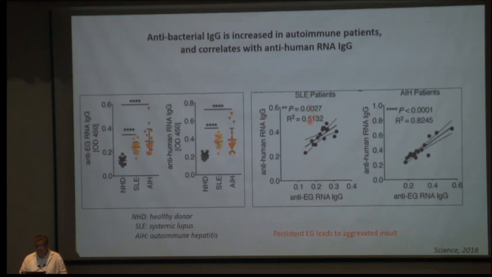Of course, R square was 0.51, but in autoimmune hepatitis patients, R square was 0.8 and was much more significant when the anti-RNA IgG was compared with the amount of RNA, which goes on to show that a persistent increase or persistent release of this protein is eventually going to bring the immune cells to the liver and inflict injury there.